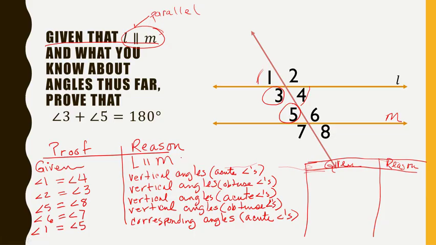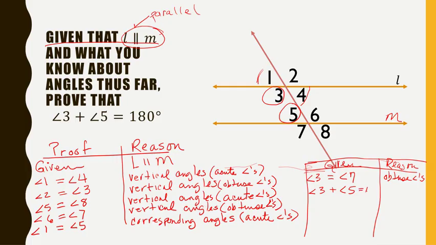Okay, let's do 1 and 5 and then 3 and 7. Angle 3 is equal to angle 7 because those angles are obtuse. Obtuse angles.